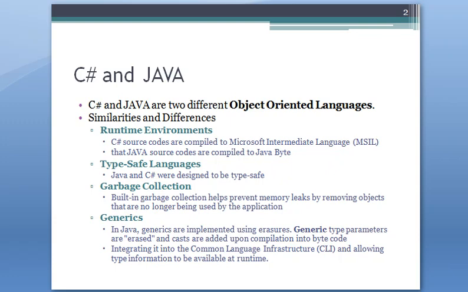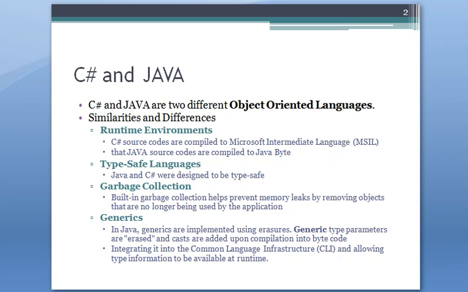Java source code is compiled to Java bytecode, and during execution it runs with the help of a runtime environment called the Java Virtual Machine. Both C Sharp and Java support native compilation via a just-in-time compiler.